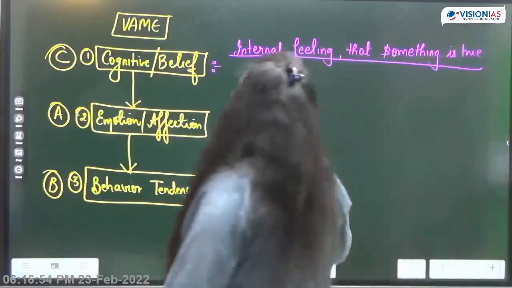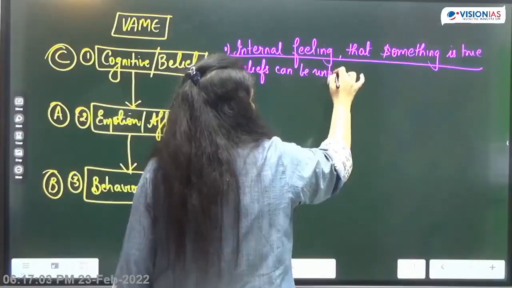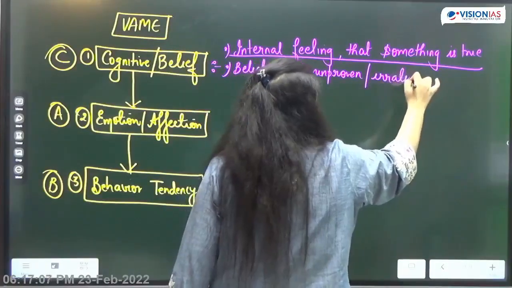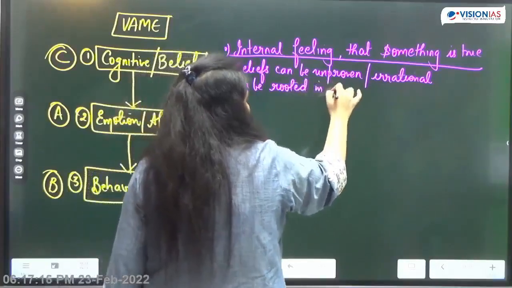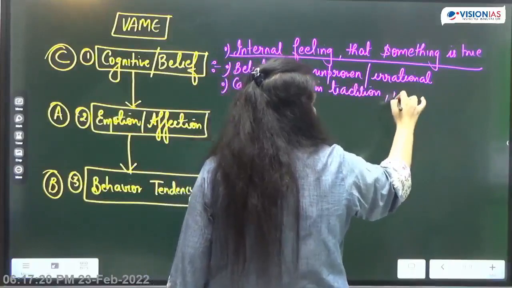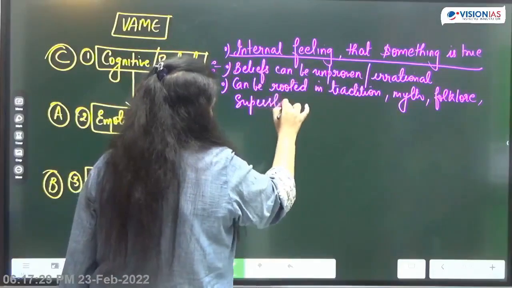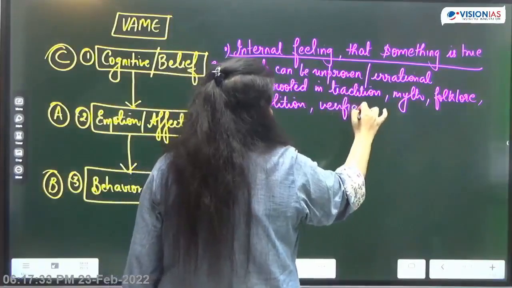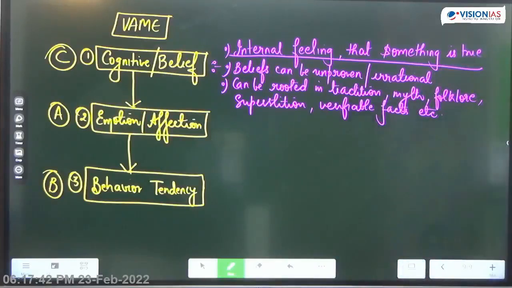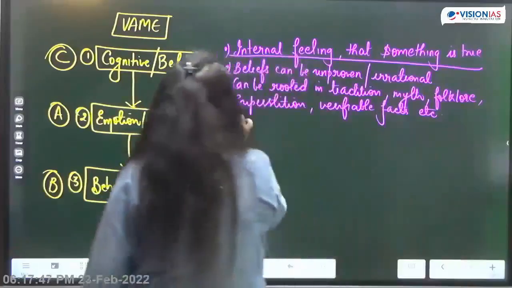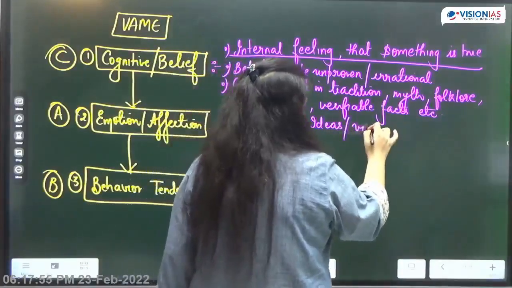Beliefs can be unproven or irrational. It can be rooted in tradition, myth, folklores, superstition, verifiable facts, etc. It is said that these are the ideas, viewpoints.